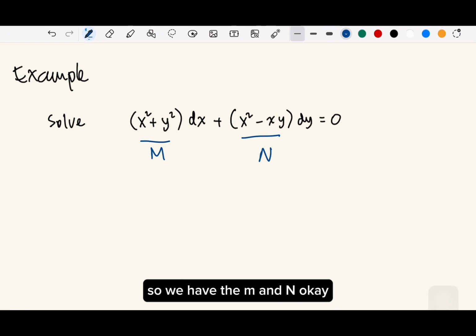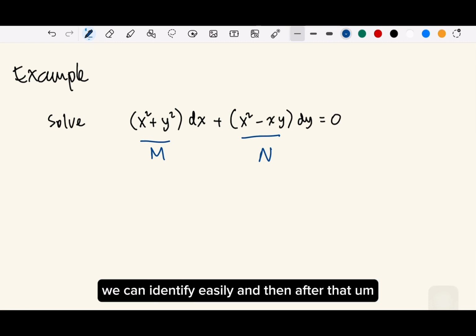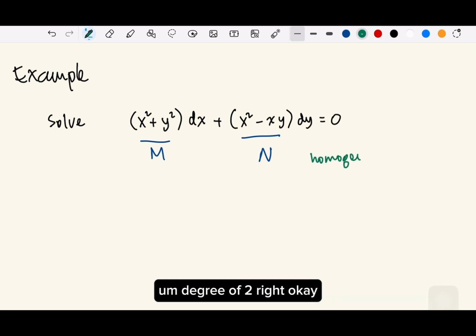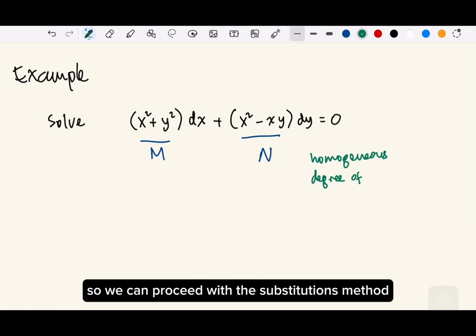So we have the m and n. Okay, we can identify it easily, and then after that, we can see that both of them are homogeneous of degree 2, right? Okay, so we can proceed with the substitution method.